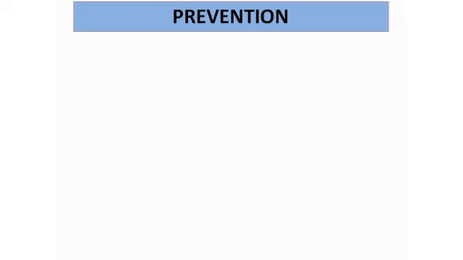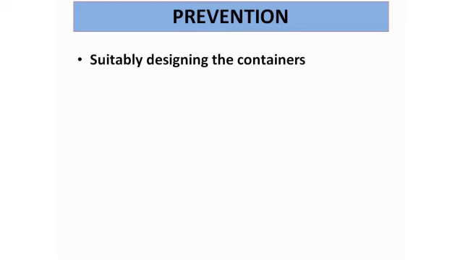Now how are you going to prevent it? First of all, you have to suitably design the container. The container should be designed in such a way that these infectious agents which may come from the water, air or raw material need to be stopped or hindered, so that the product stored within the container is stable, right?